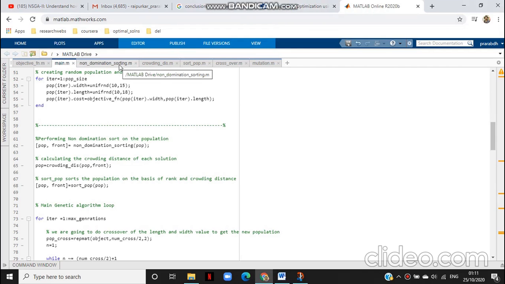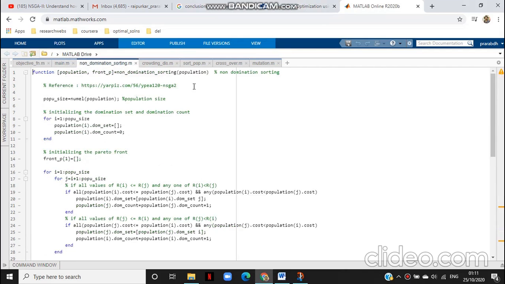Let's go inside non-domination sorting to gain some more intuition. So here is the code. Again, we take the population size, and initialize the domination set and domination count to empty sets and 0. To give rank to all the solutions, we see if a solution has any other solution with both values less than or equal to the values of that solution.